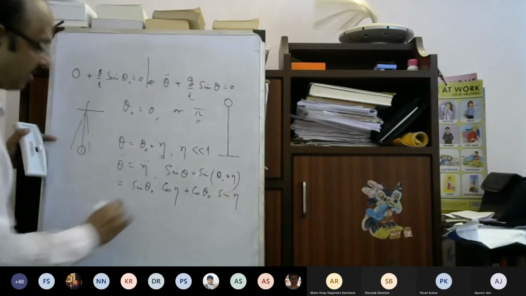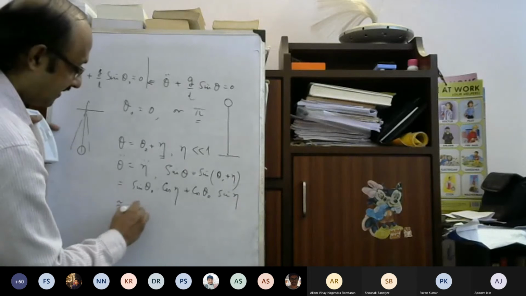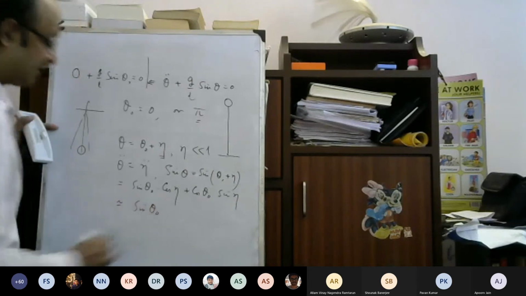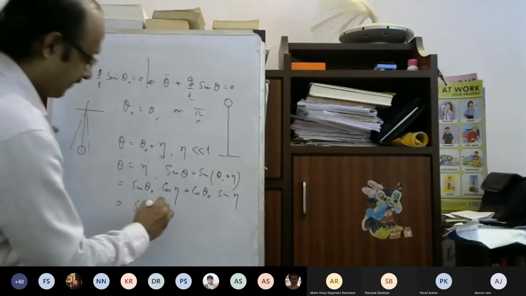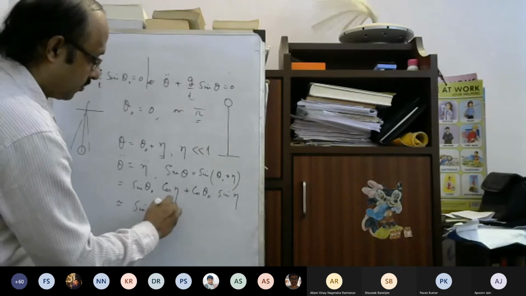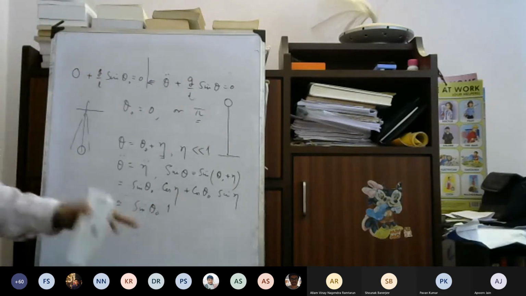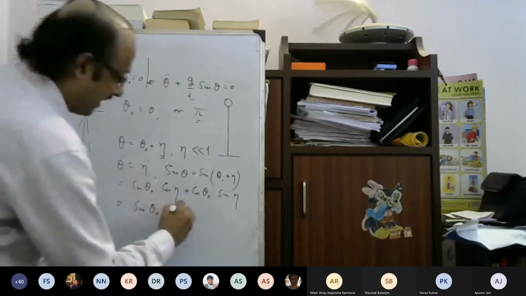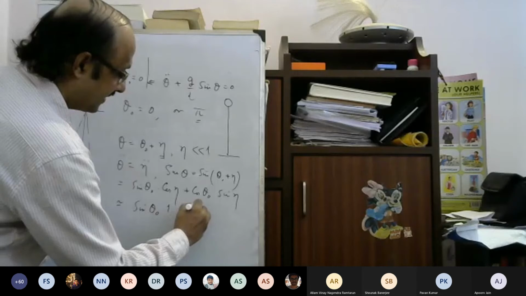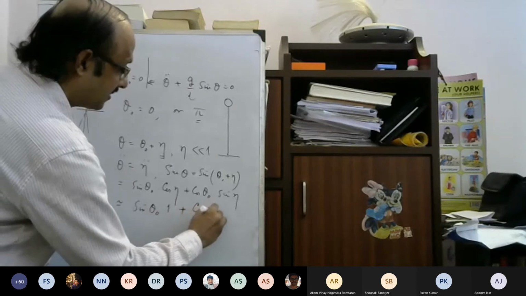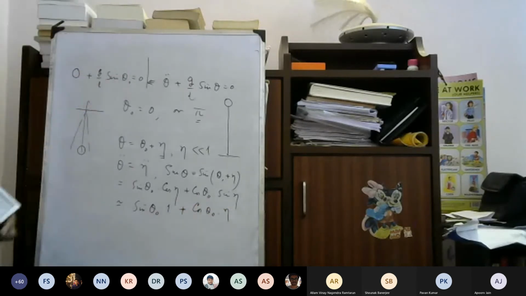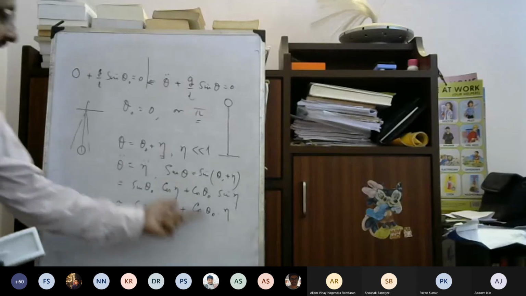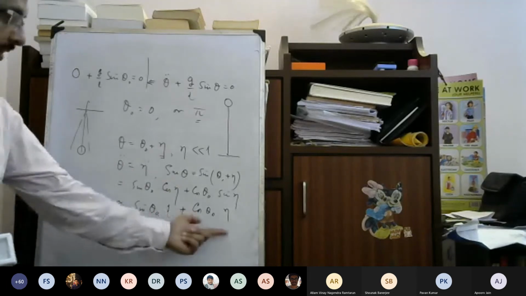If eta is very small, then this becomes sine theta naught into 1, plus cosine theta naught into eta, excluding all the terms which are higher order than eta. So sine theta is approximated this way.